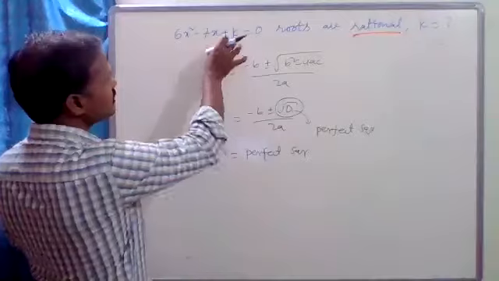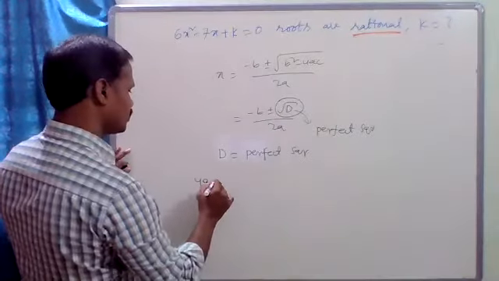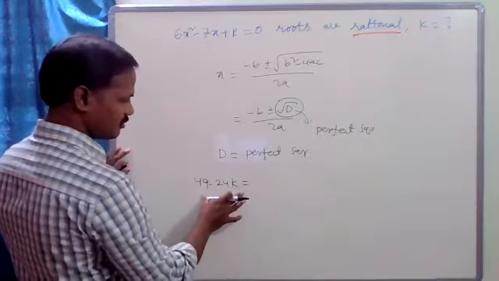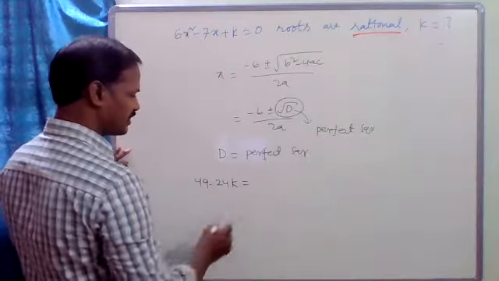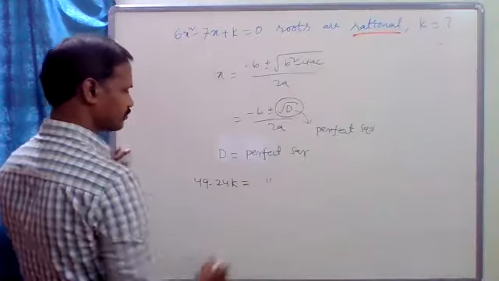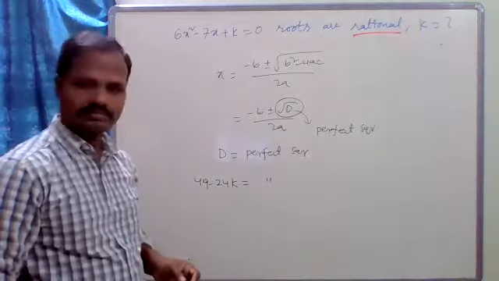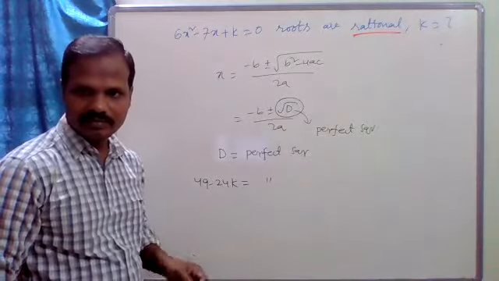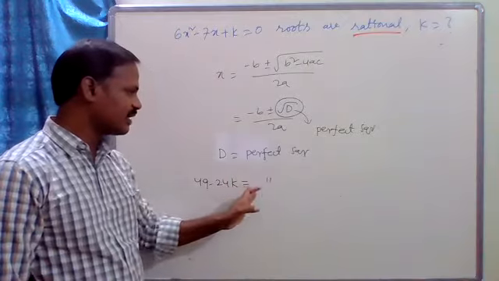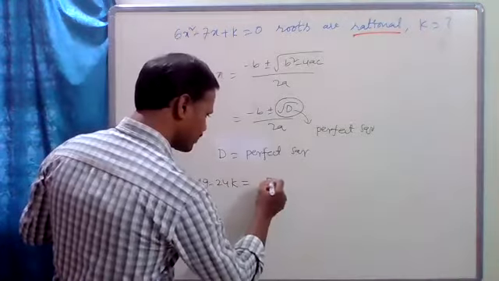Now what is D here? b² minus 4ac, that is 49 minus 24k, is a perfect square.